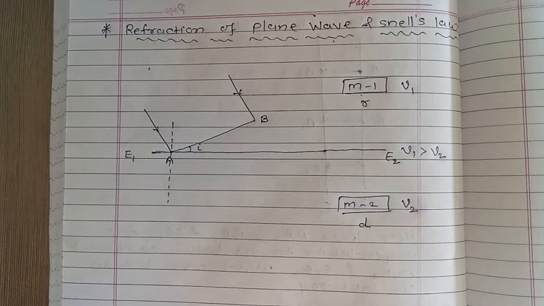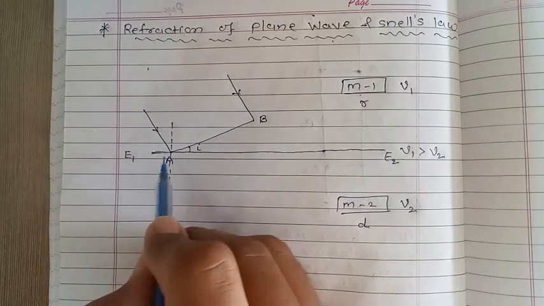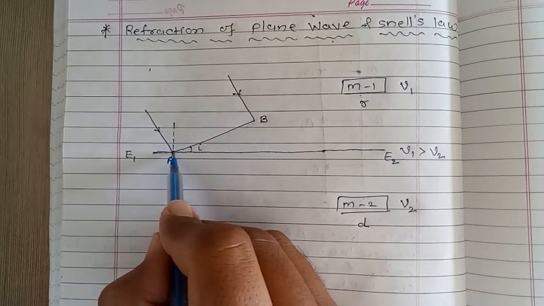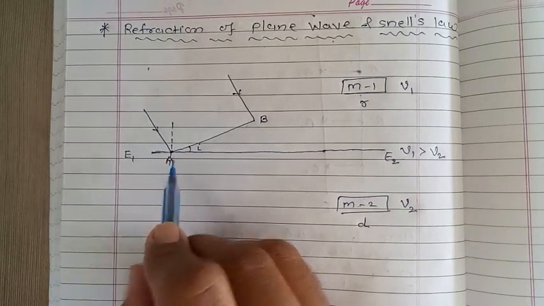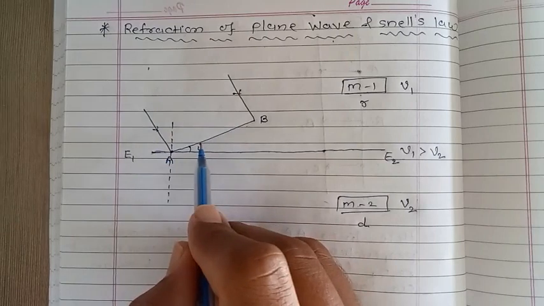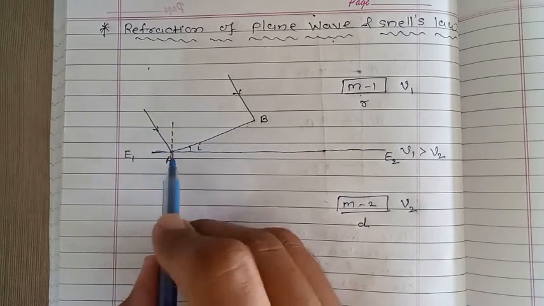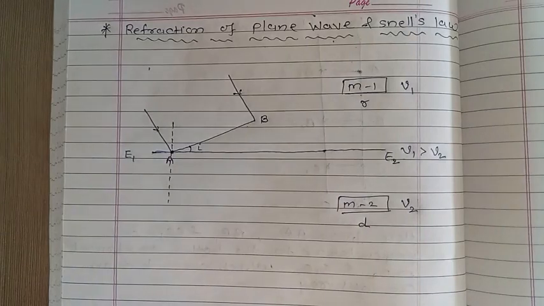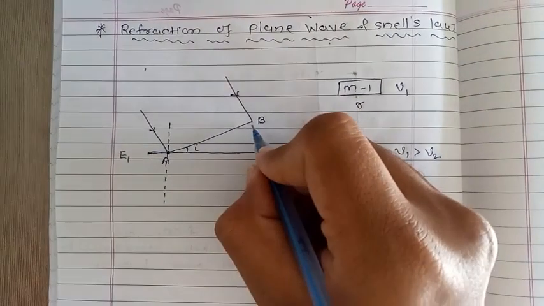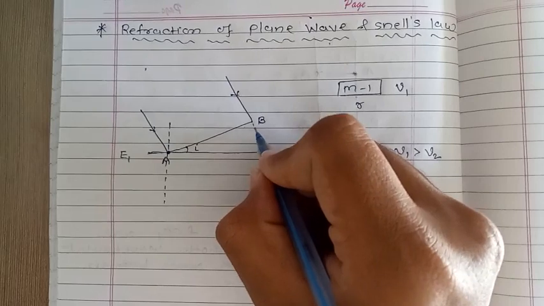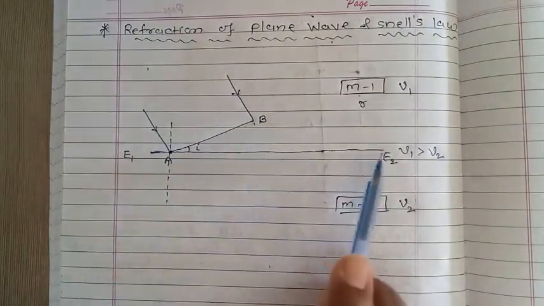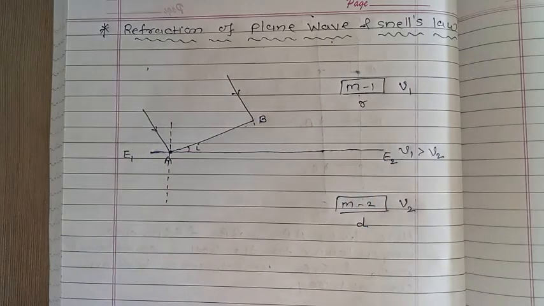Now you can see that a point, or we can say a particle of this wavefront AB, the particle A is already on the surface. Now the particle B also went to the surface E1 E2.